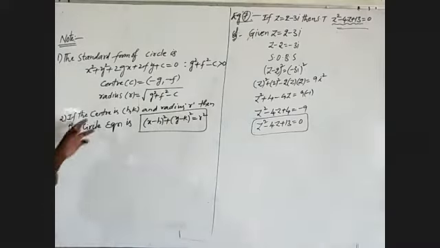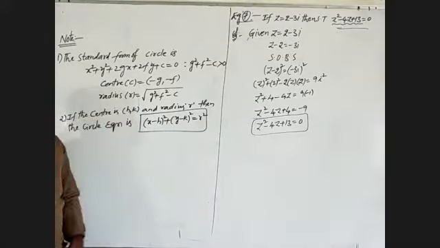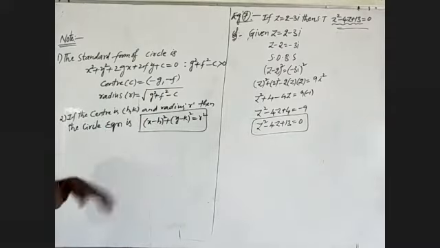This is the formula. If the center is h comma k and radius small r, then the circle equation is x minus h whole square plus y minus k whole square is equal to r square.